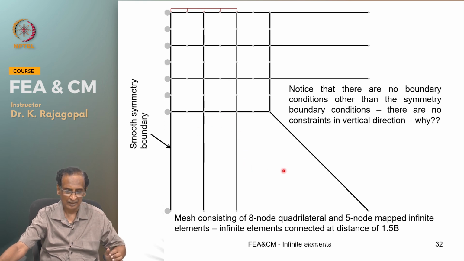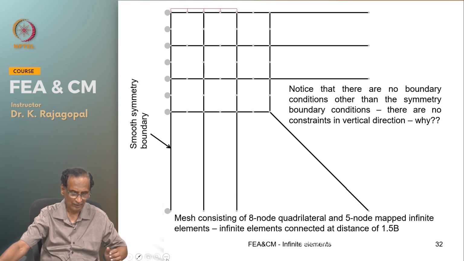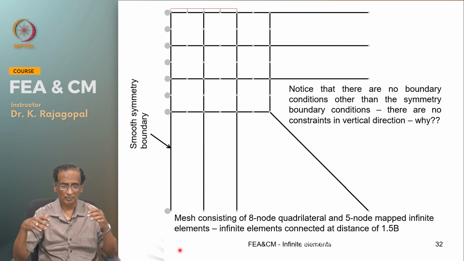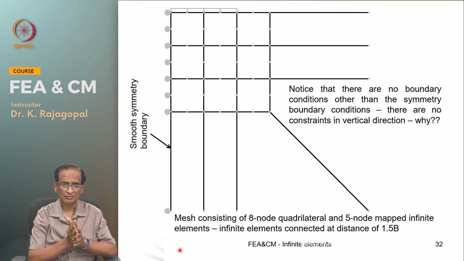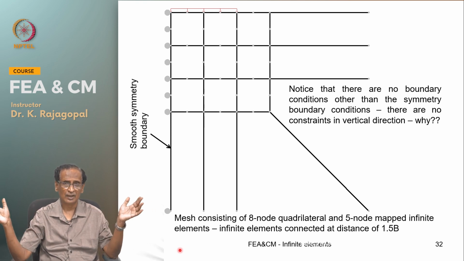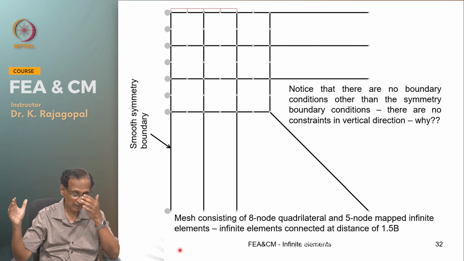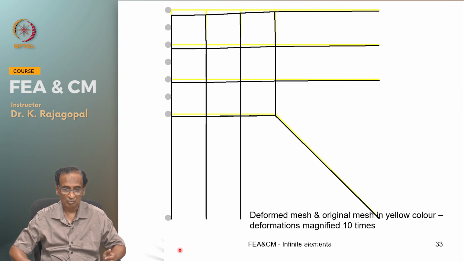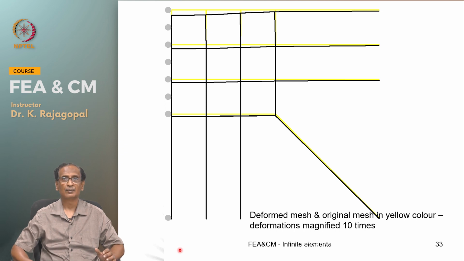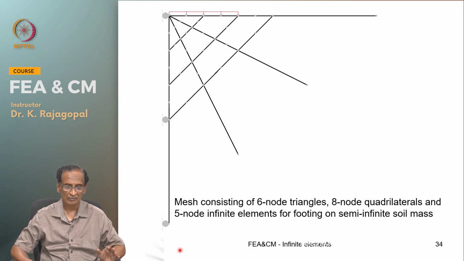But in the case of infinite elements, there is another node at an infinite distance where we are saying that the displacement is 0, and so technically speaking, this mesh with these boundary conditions is representing a very large mesh with 0 displacement at infinite distance. So, because of that you will be able to solve, and this is our deformed mesh when we connect the infinite elements at 1.5 times the footing width.